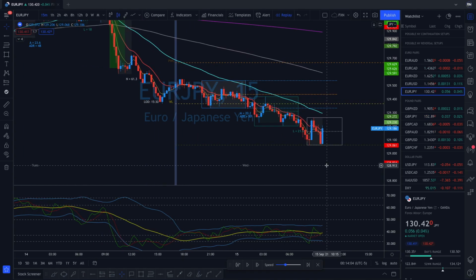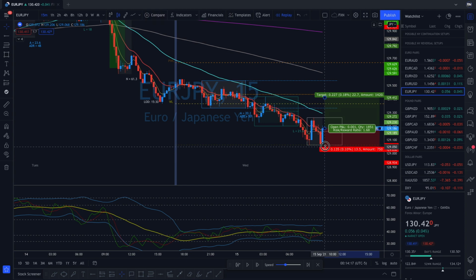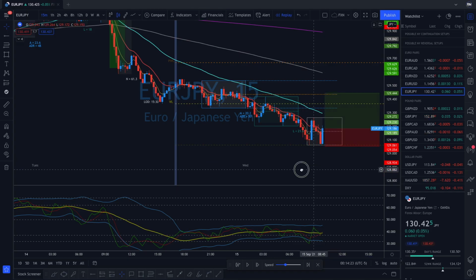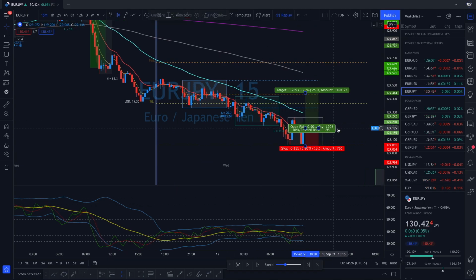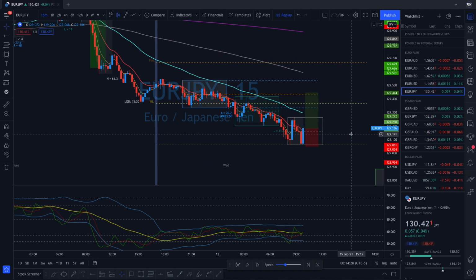But I think the problem that you're going to run into is the risk to reward ratio is just not there. I don't think it's there. Yeah, you'd have to make it basically to the middle of the range for this trade to be viable or for the trade to make sense.